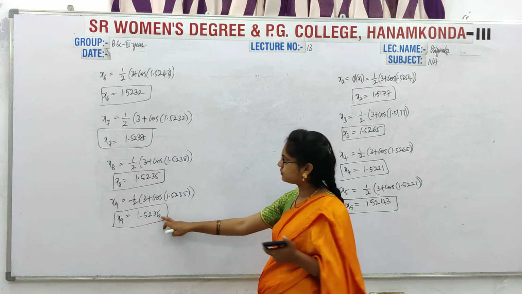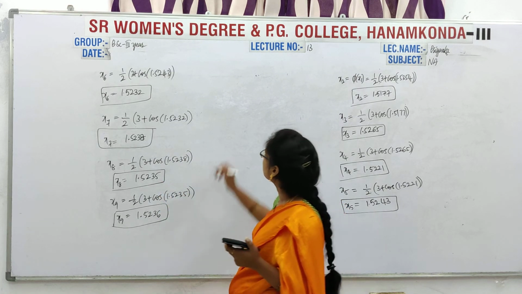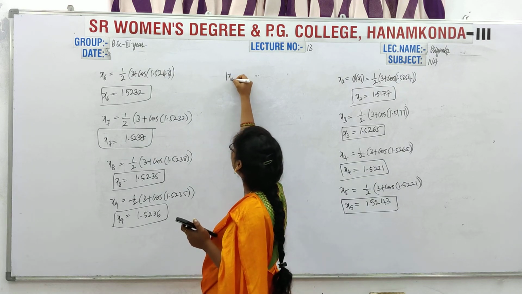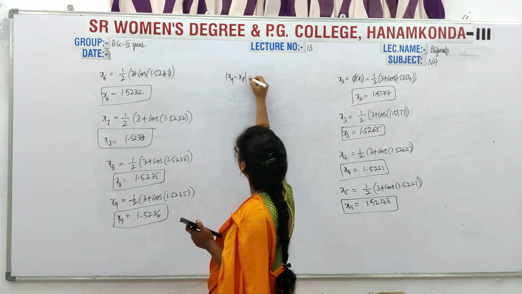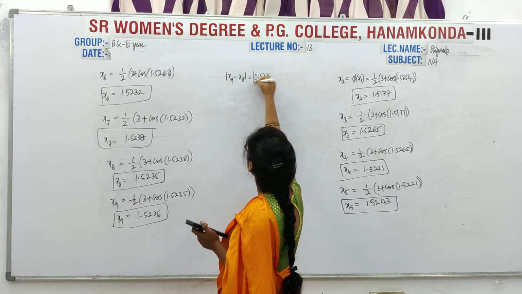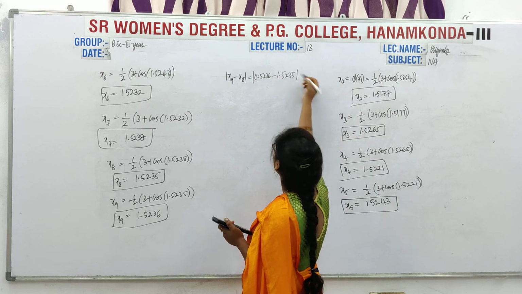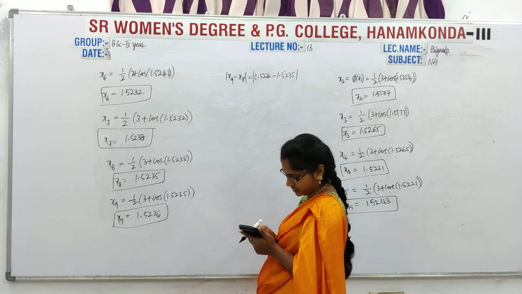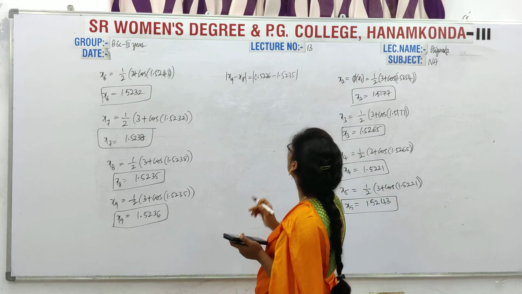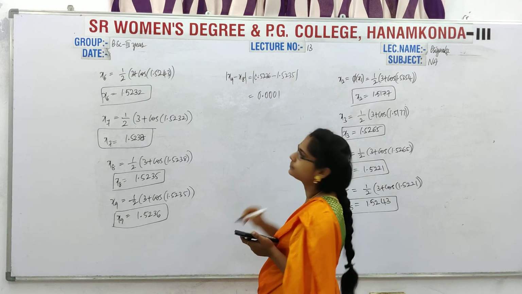Now here for this one of course it is a very near value, right? So now here I am calculating the error. x9 minus x8 is nothing but 1.5236 minus 1.5235. The error is a very small value, 0.0001.